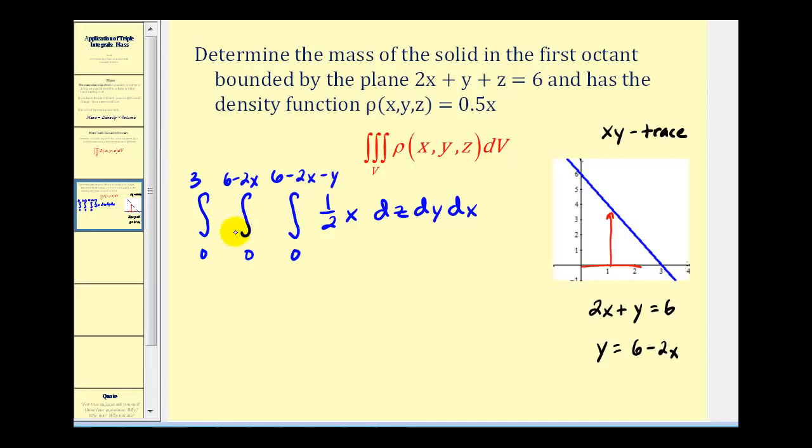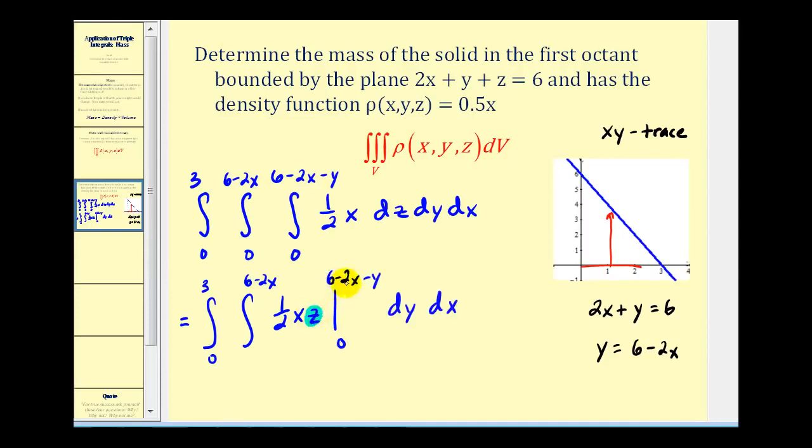So the value of this triple integral will give us the mass of this solid with density given by this function. So we'll integrate 1/2 x with respect to z, that'll be 1/2 xz. Now we'll replace z with 6 minus 2x minus y and then with 0.